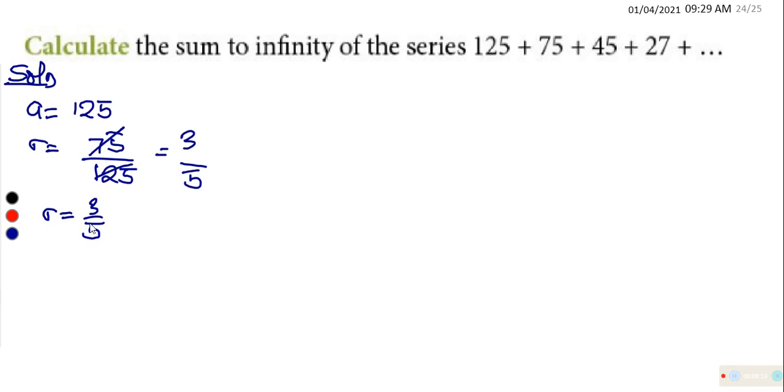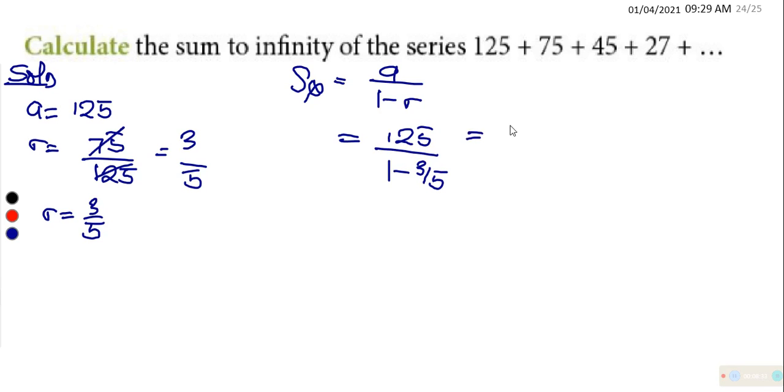Okay, so we are asked to calculate the sum to infinity. Sum to infinity, S infinity by formula is a over 1 minus r.